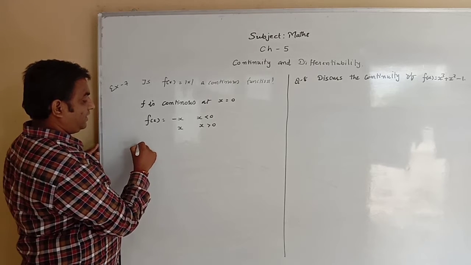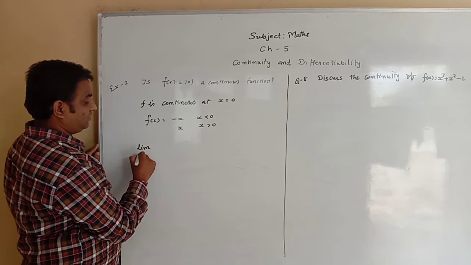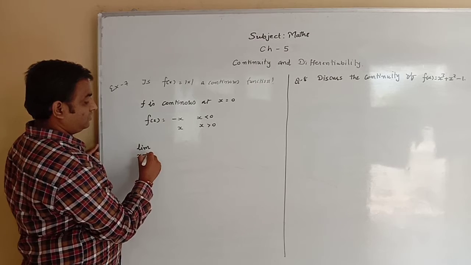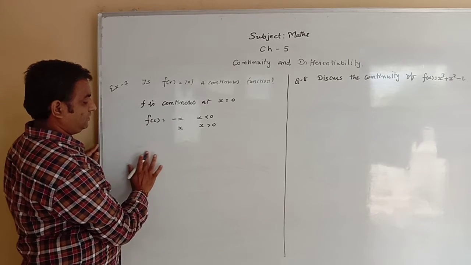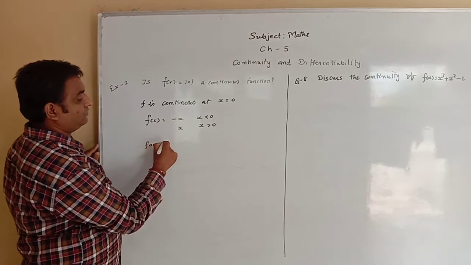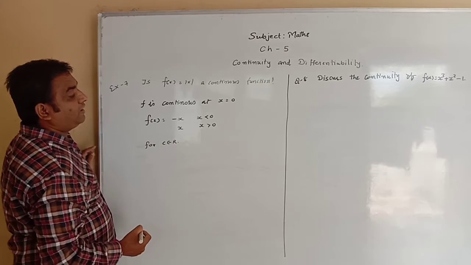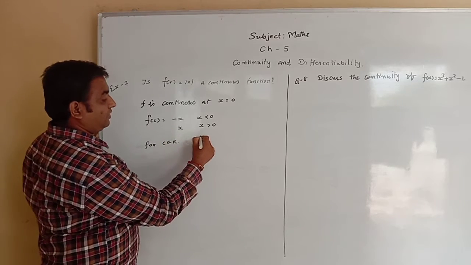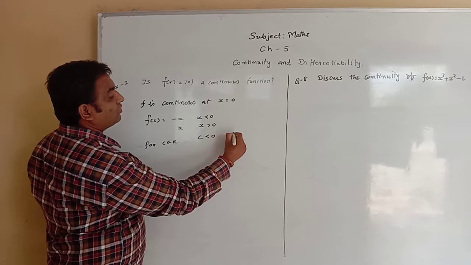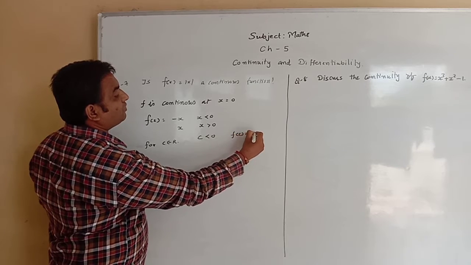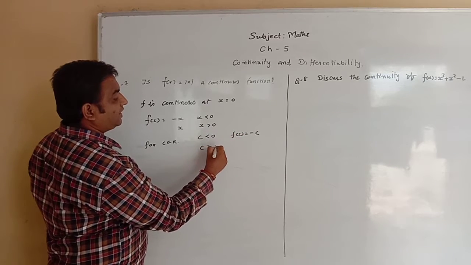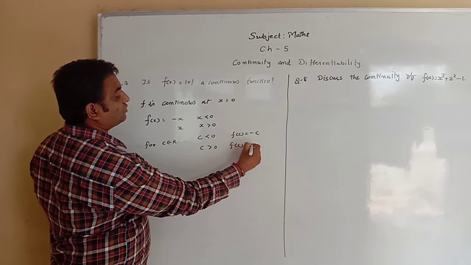So we take c belongs to R. There are two conditions. If c is less than 0, then f(c) equals minus c, and if c is greater than 0, then f(c) equals c.